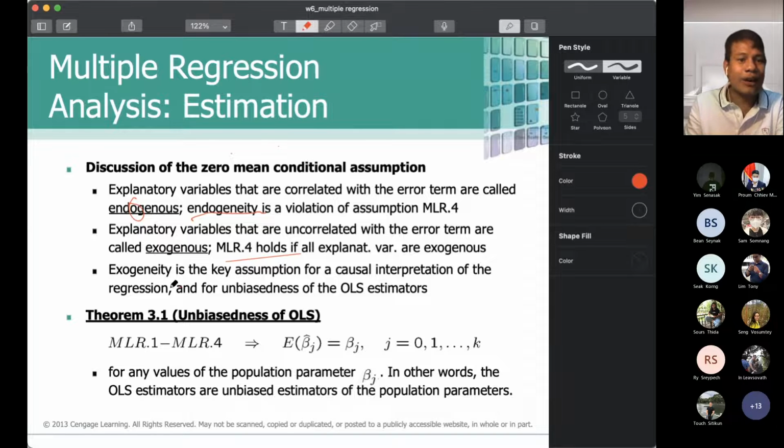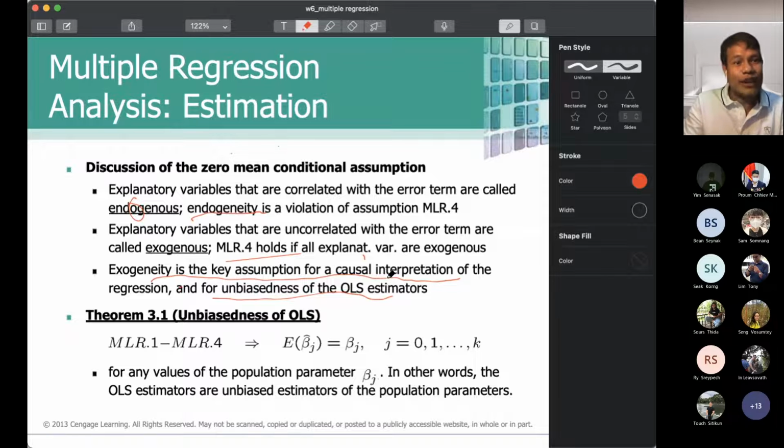Again, exogeneity is the key assumption for causal interpretation. If you want to ask me whether we can make a causal interpretation, zero conditional mean is the important assumption for making causal interpretation of regression and for unbiasedness of OLS. Assumption number 4 is the most important.